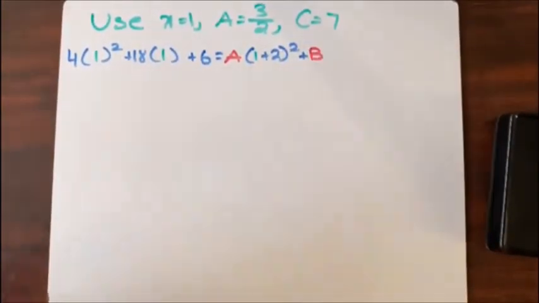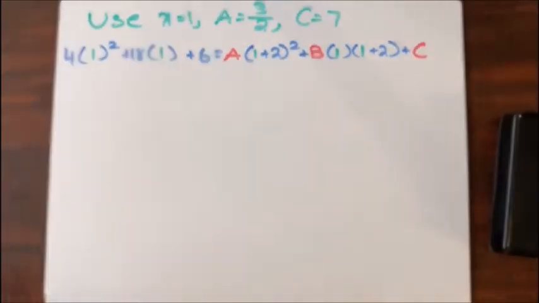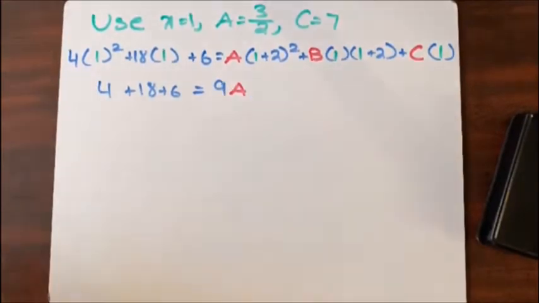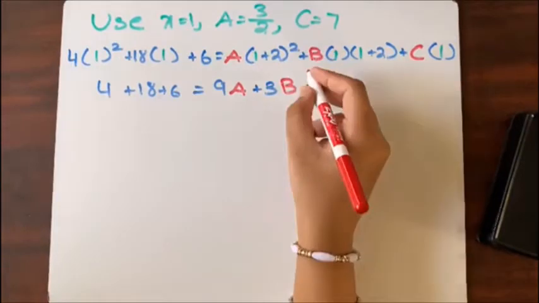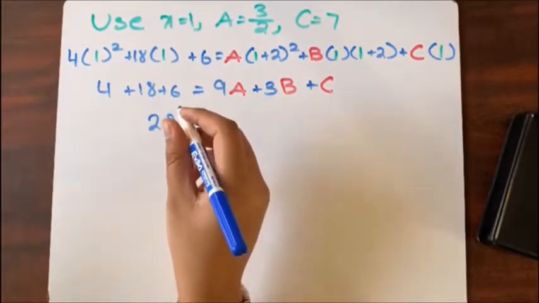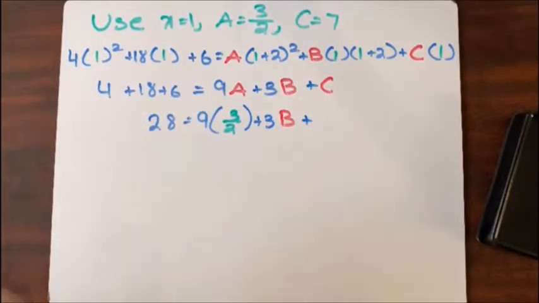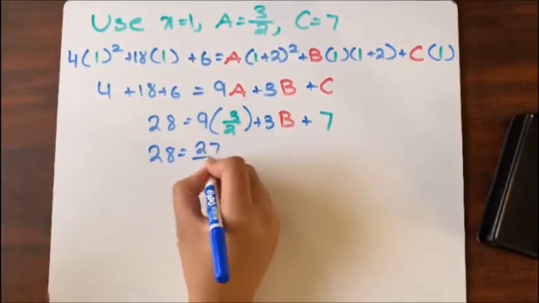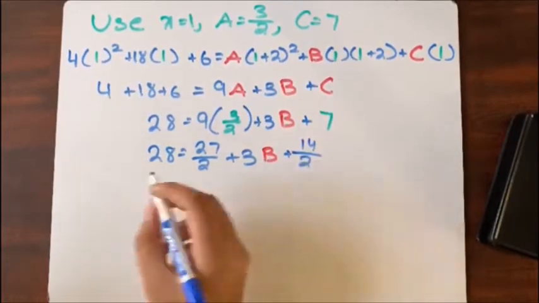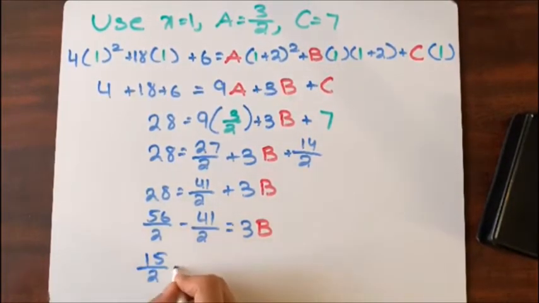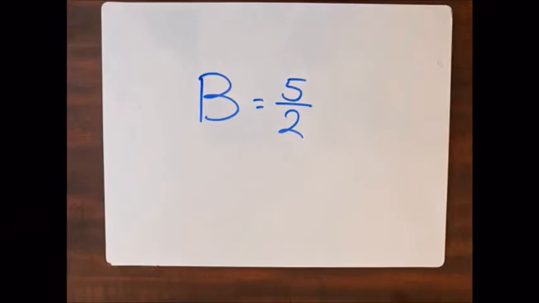Now, plug in x equals 1, a equals 3/2, and c equals 7 to solve for b. After calculating, we end up with b equals 5/2.